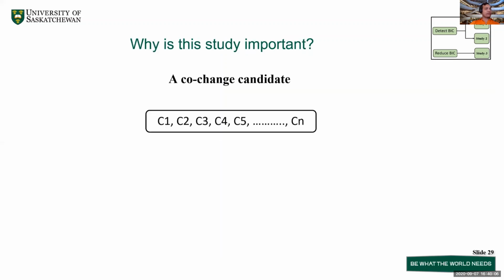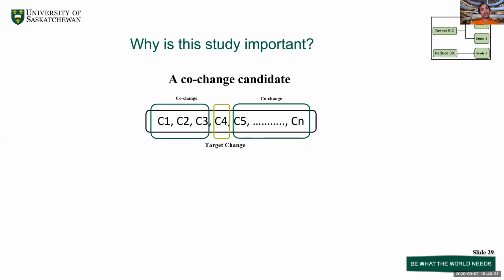How can it be possible? Let C1 to Cn be n changes that happened in a commit operation of a software system. Now, if C1 is the target change, then all the other changes are the co-changes. Again, if C4 is the target change, then all the other changes are the co-changes.